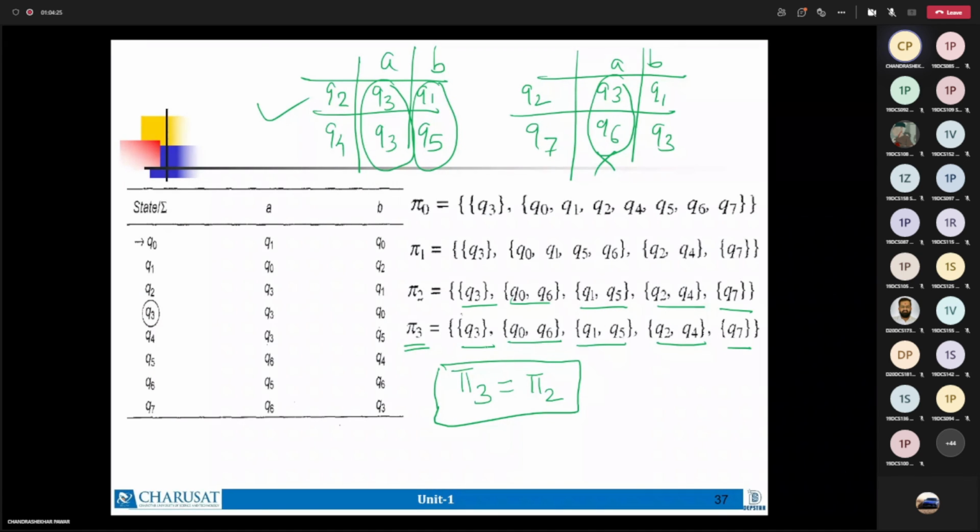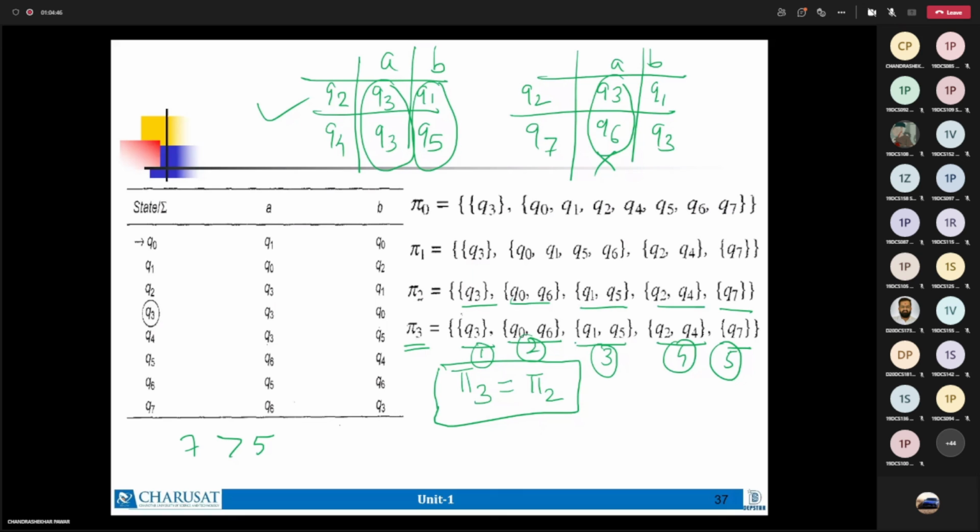How many states? 1, 2, 3, 4, 5. I have just counted their states now. 5 states. And how many states we have here? 7. So obviously 5 is less than 7. So we have minimized this finite automata. So we have to prepare the transition table for that.